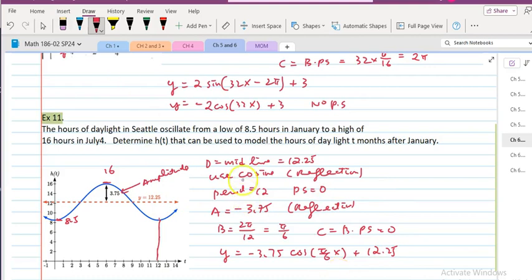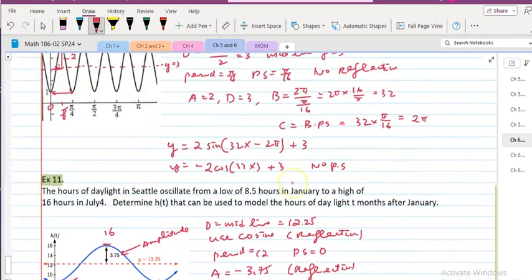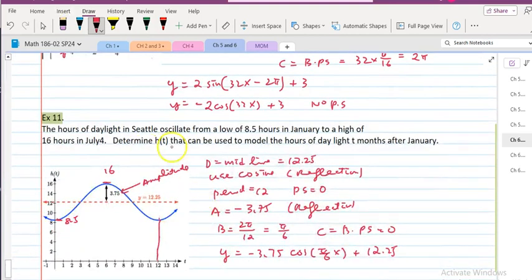Okay, so that's how you figure out a function from a graph. And this is an example of how you can do modeling using sine and cosine functions.